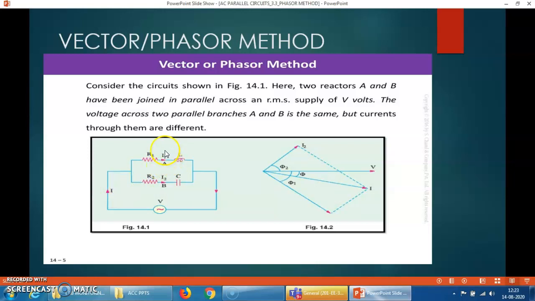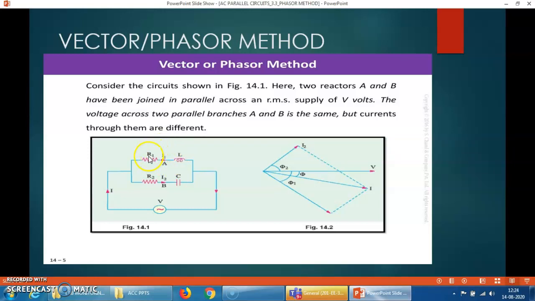Now, how to show I1 through the vector? The first branch contains the resistor R1 and the inductor L, both connected in series, so it is called an RL series circuit. We have already studied the series circuit. If an inductor is present, then the current is always lagging.